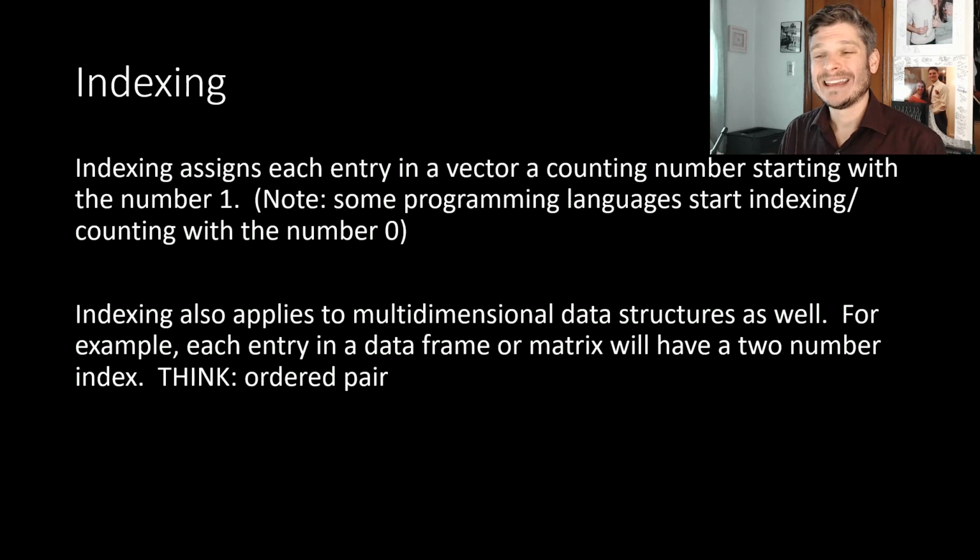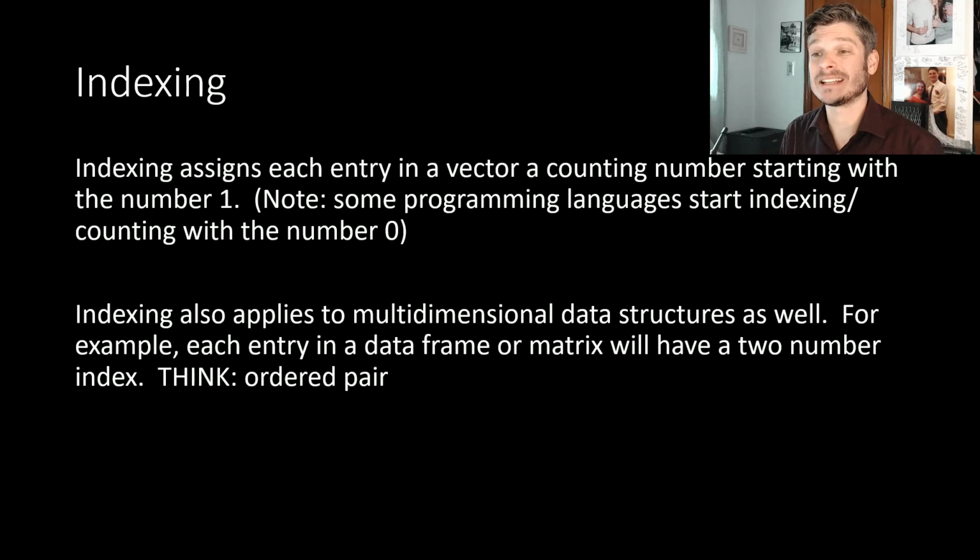So when we run code, indexing assigns a number to every entry in a vector, and it assigns it as a counting number. And the R programming language starts with the number 1. So it's going to count 1, 2, 3, 4, 5 as we go along. Now, some programming languages start with the number 0.